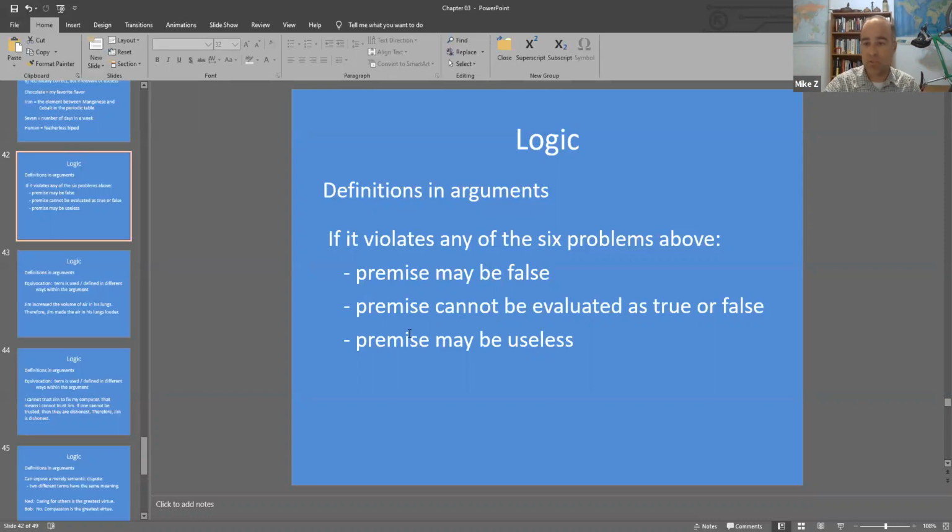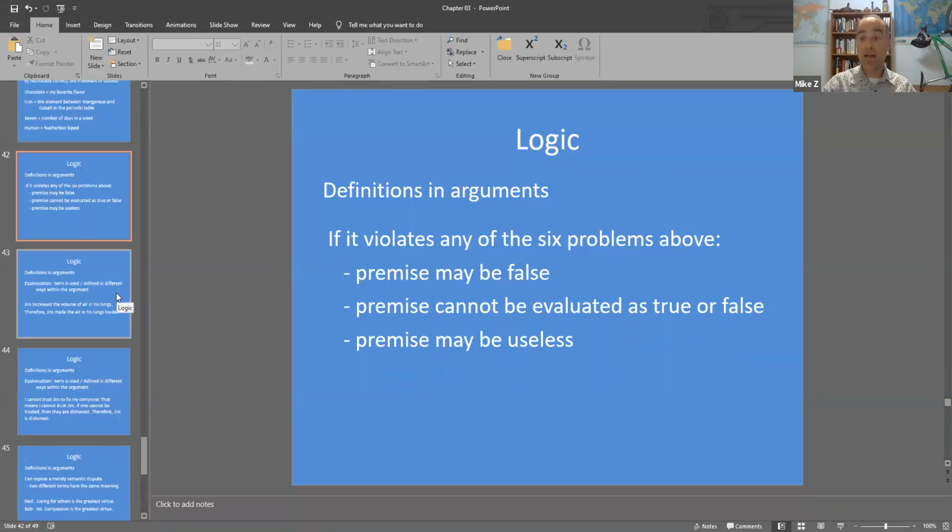And so the premise might just be useless, and maybe we just eliminate it, or we just throw up our hands and say we cannot evaluate whether this argument is valid or cogent or anything, because the definitions being used are just bad. They're just bad definitions one way or another.